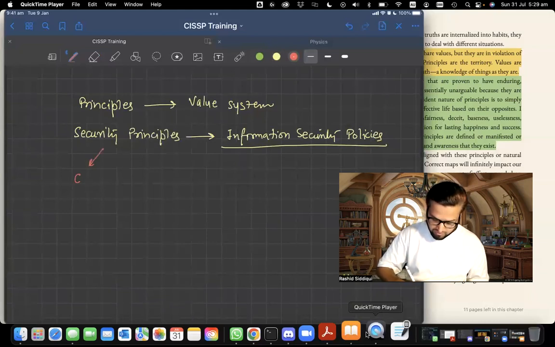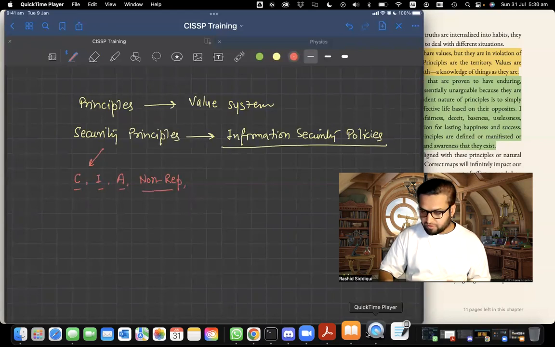generally confidentiality, integrity, availability, non-repudiation. Yeah, basically these are the four terms which we generally use as a security principle.